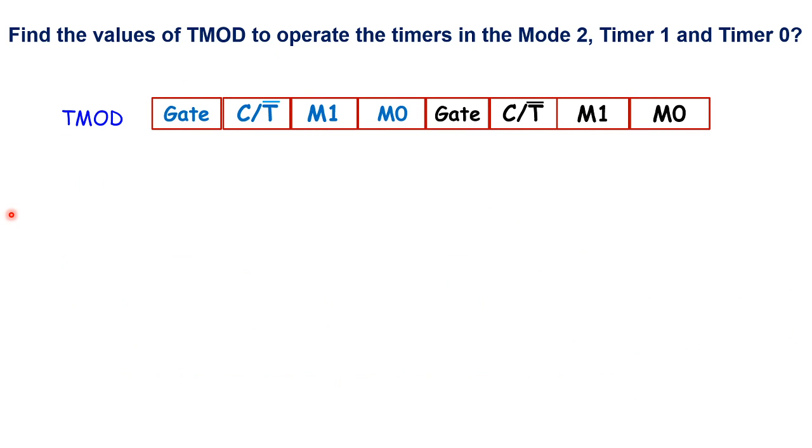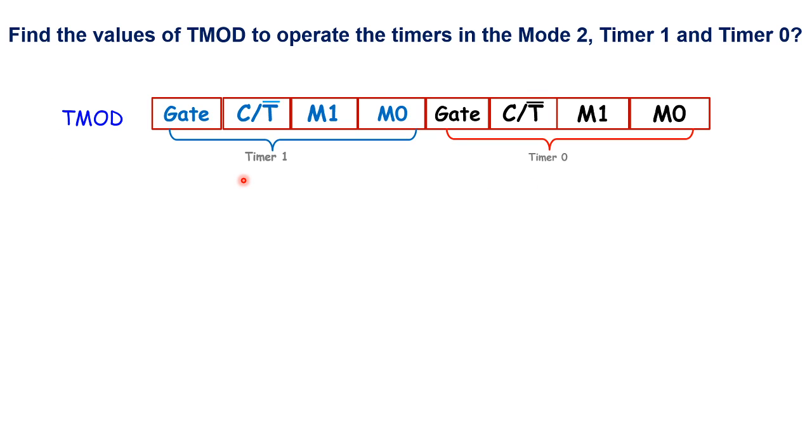Now, how to find the value of the TMOD register to operate in mode 2 for timer 1 and timer 0. So we find the value of TMOD to set the timers separately in mode 2, timer 1 and timer 0. For that, this is our TMOD register.